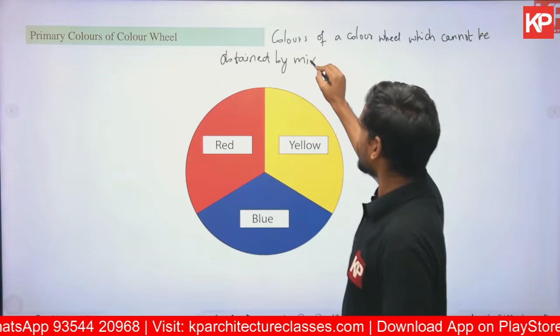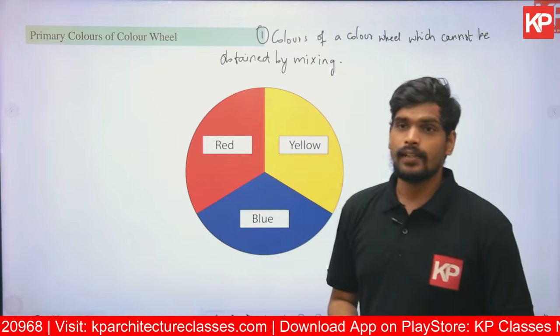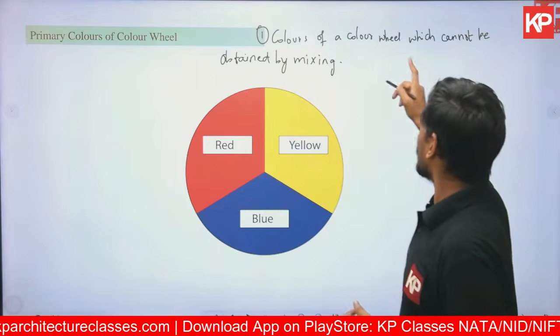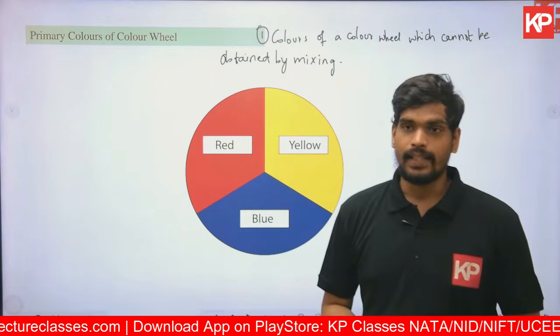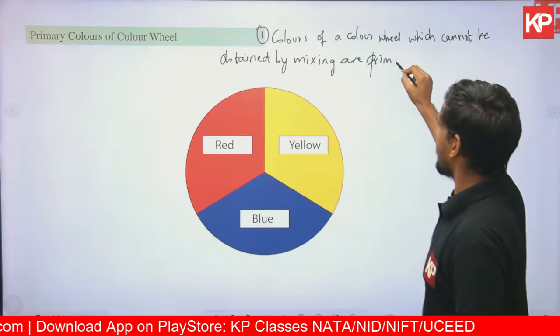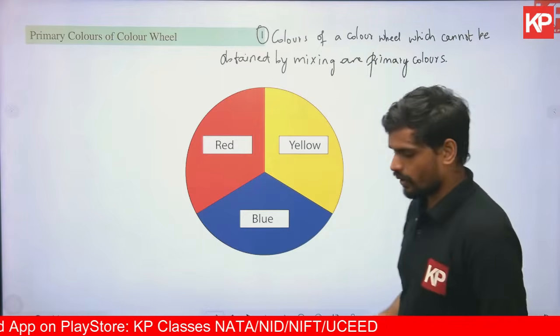That is point number one. Under the heading primary colors of color wheel, write down point number one: colors of a color wheel which cannot be obtained by mixing are primary colors.